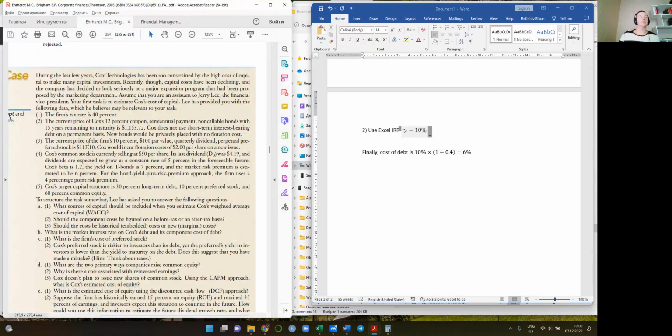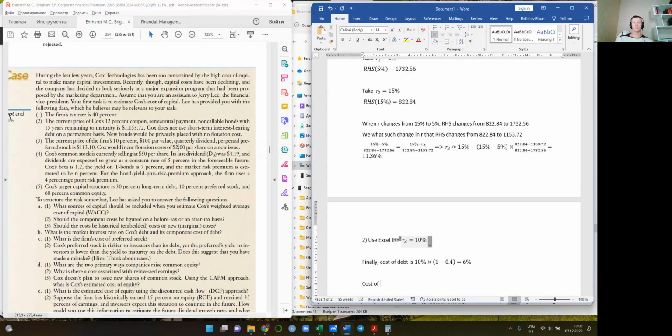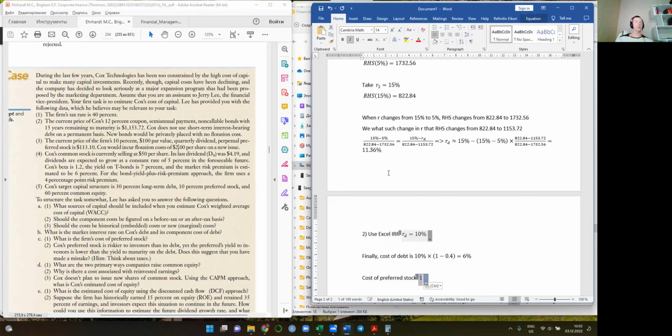Part 3. The current price of the firm's 10% $100 par value quarterly dividend perpetual preferred stock is $113.10. Cox would incur flotation costs of $2 per share on a new issue. So this is about the cost of preferred stock, and we have the data that this is 10%.